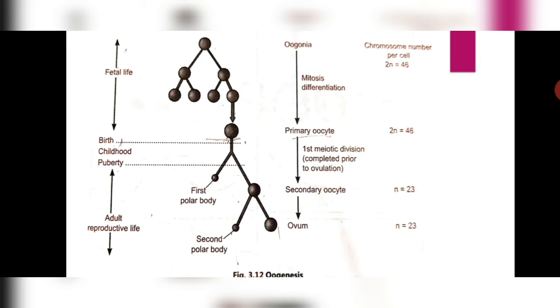Basically, during the process of ovulation, when the tertiary follicle gets converted into the Graafian follicle, a hormonal activity causes the bursting of the Graafian follicle and release of the ovum. This process is called ovulation. During ovulation, a secondary oocyte is released, inside which the ovum is present.